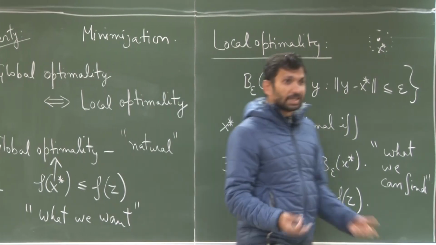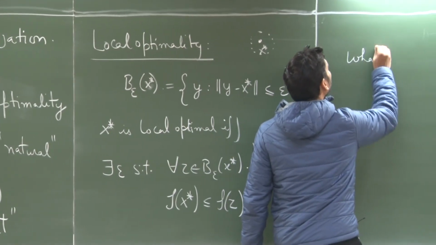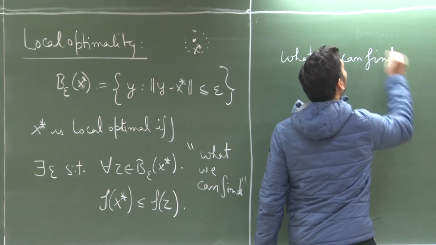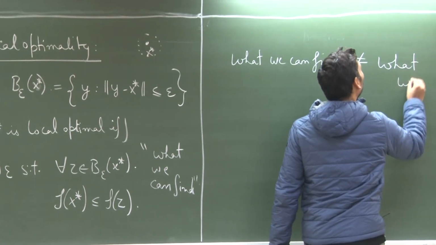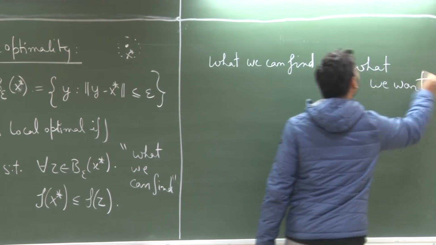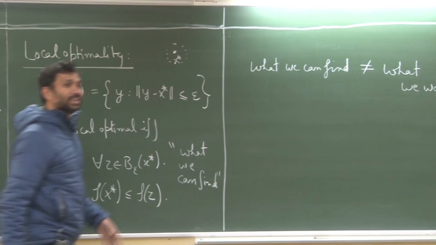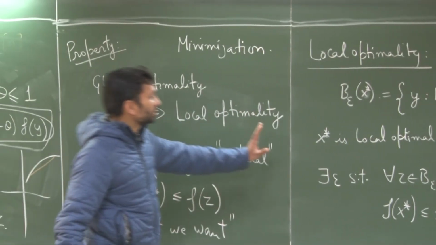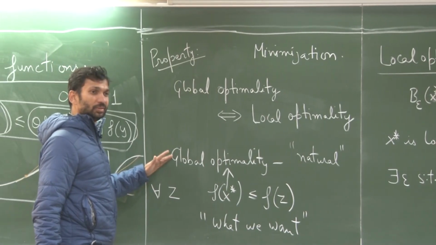And like in life, what we can find is necessarily not equal to what we want. Right? This is the story of our life, and in general, if you want to optimize, local optimal is what we can find, but we need global optimal.